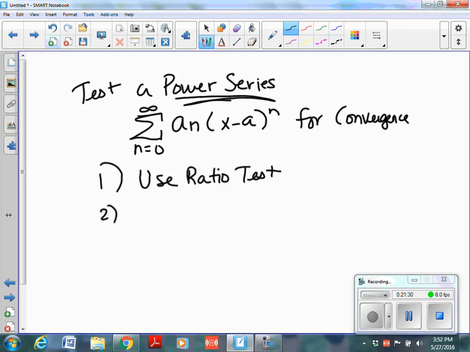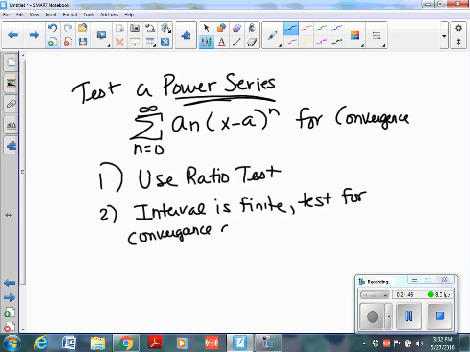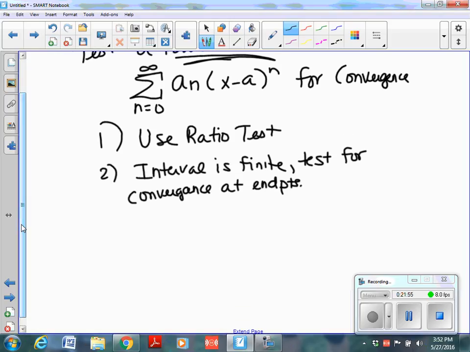Number 2, if the interval is finite, you can test for convergence at the endpoints. If the ratio test fails, you can try the comparison test.